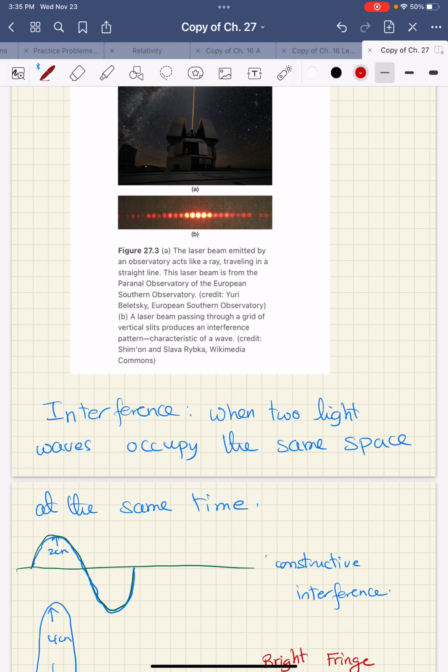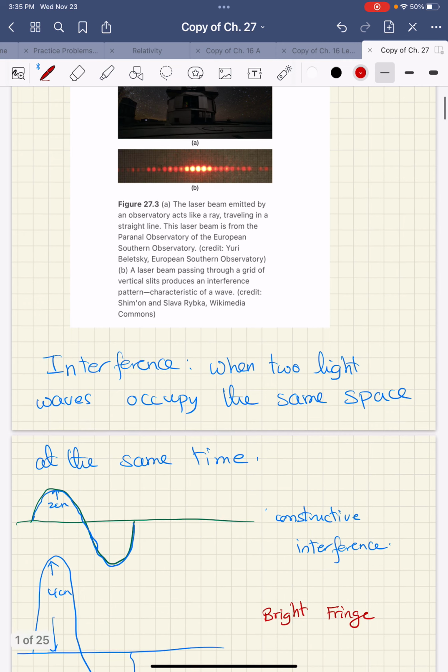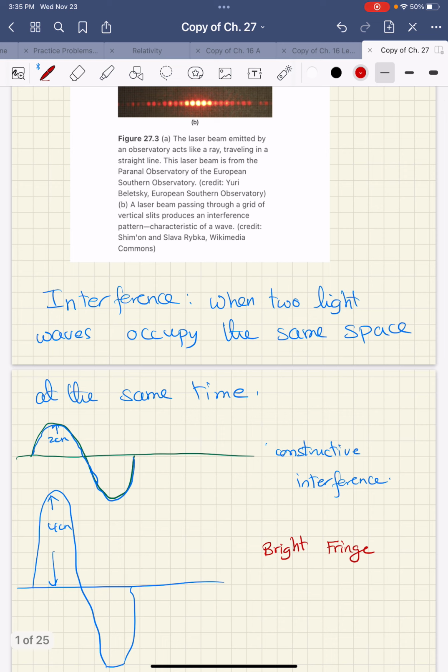That happens when two light waves occupy the same space at the same time. Then what we do is something we call superposition, meaning I'm going to add.